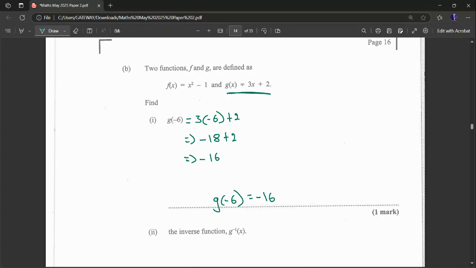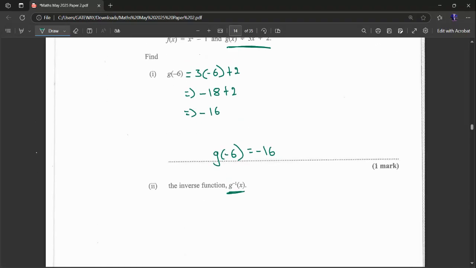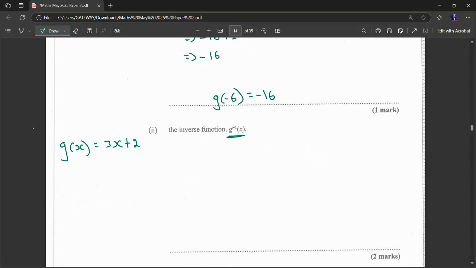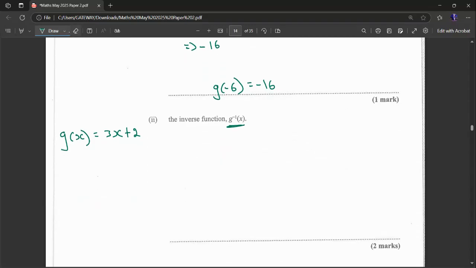The next part is to find the inverse of g. So g inverse of x. So what I'm going to do, I'm just going to write back g of x here. That is equal to 3x plus 2. And I'm going to perform some steps here now.